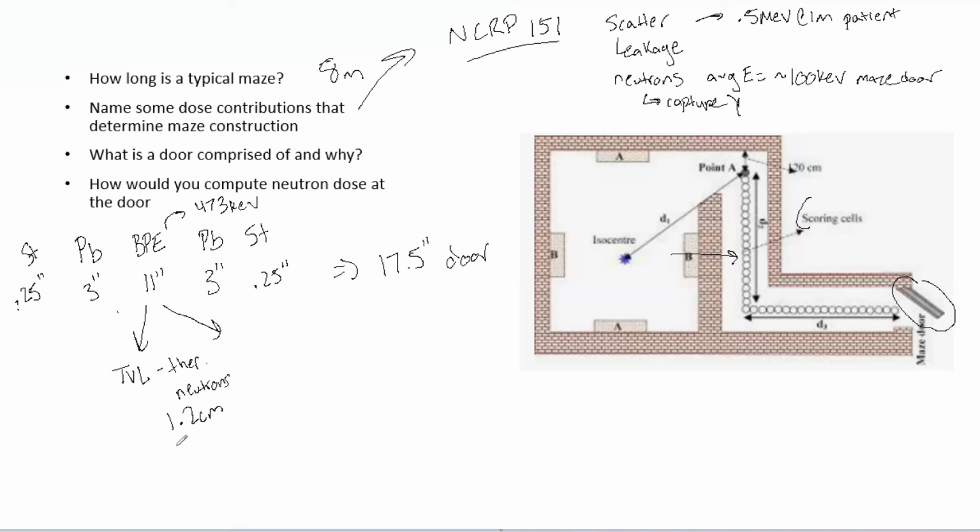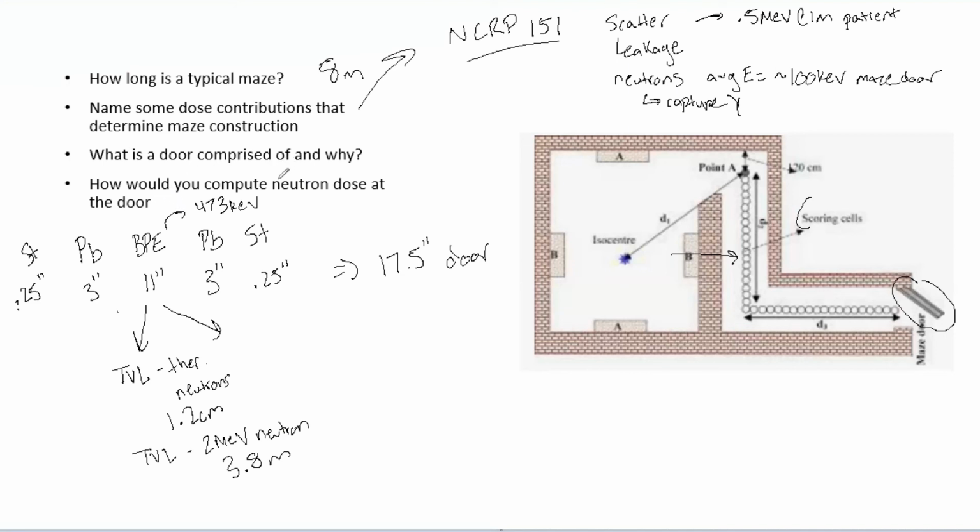Now, if you are looking at TVLs for a 2 MeV neutron, that obviously is going to be a lot higher because they're not thermalized, they're not slowed down, they're more energetic. That is going to be 3.8 meters. So a lot to learn about the door, but thankfully I feel like it's very intuitive. It makes sense, and you can memorize these and be sure you can definitely spout that out.